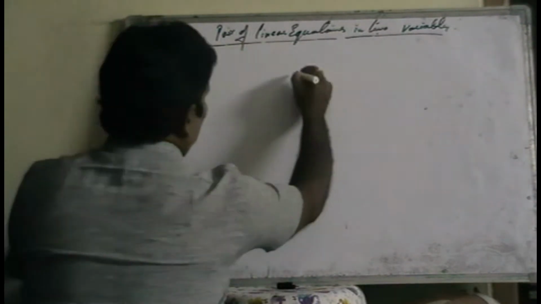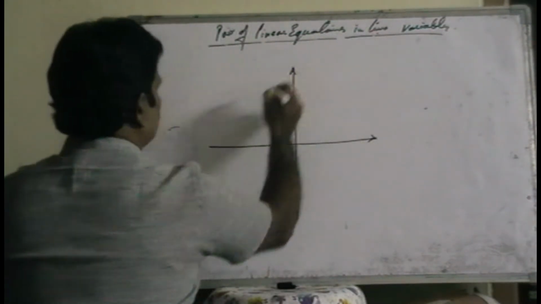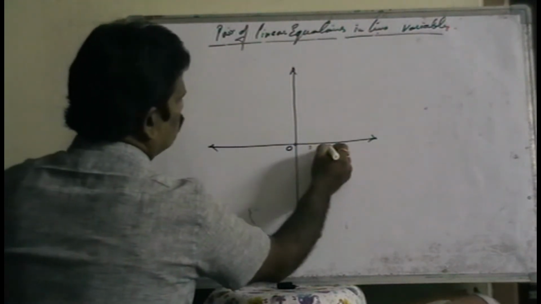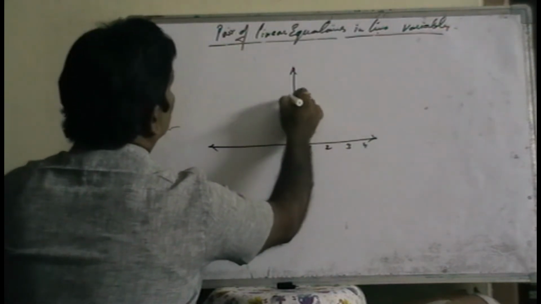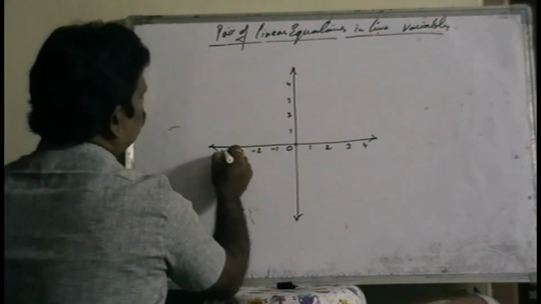For example, listen carefully. We know about the graph sheet, right? It has 0, 1, 2, 3, 4, and minus 1, minus 2, minus 3, minus 4.